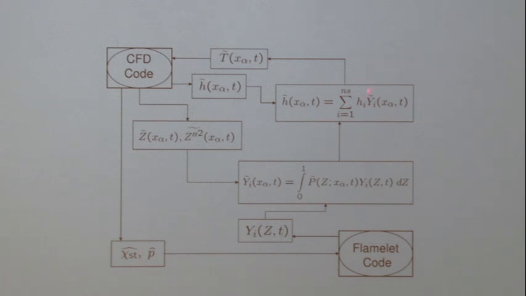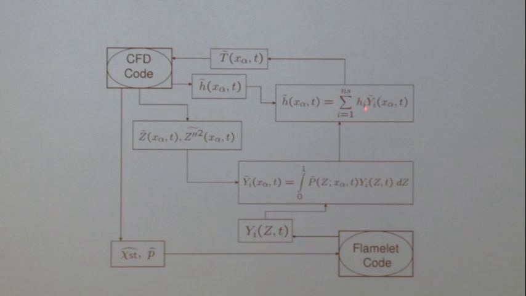And you see I get this here, I just computed this here. So I know all of these in each cell. I know this because that's what I get from the CFD code from solving an energy equation. And this is only a function of temperature. So you see this is an implicit function of temperature.